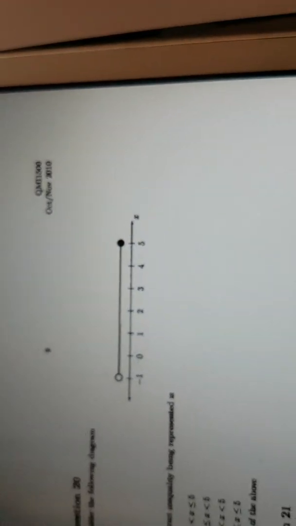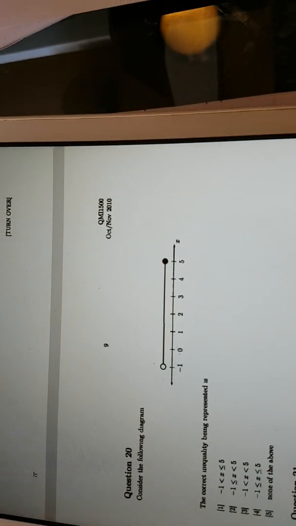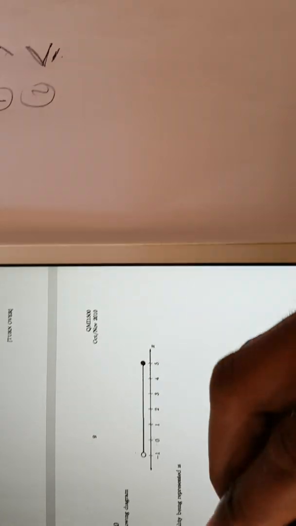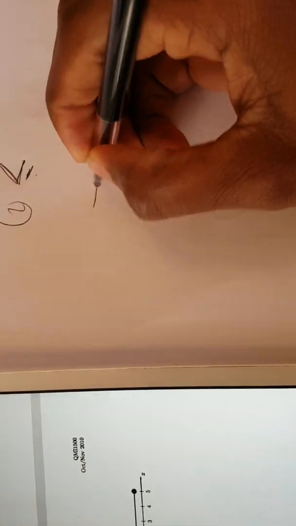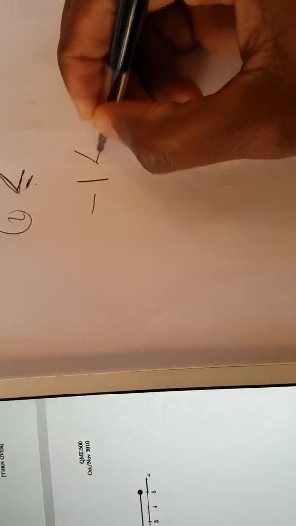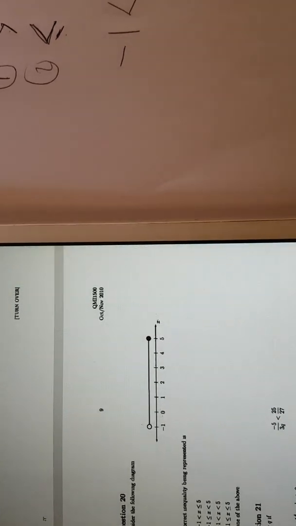So now, what we can say here is that, okay, forgive me about the quality of the phone. What we can say here is that, because here is only an unshaded dot, we're going to say -1 is less than x. Why am I saying it's less than x? Because we are moving along the x-axis. So -1 is less than all these numbers, okay?